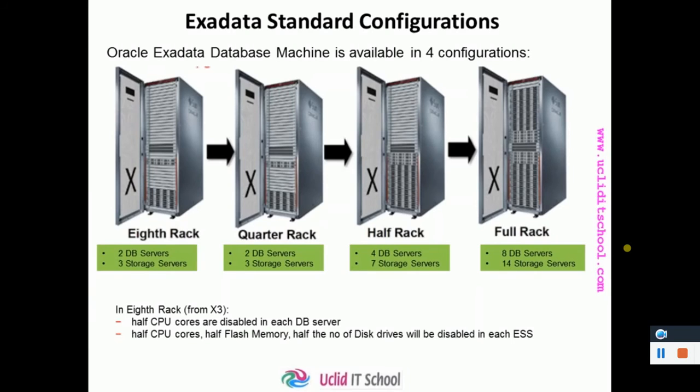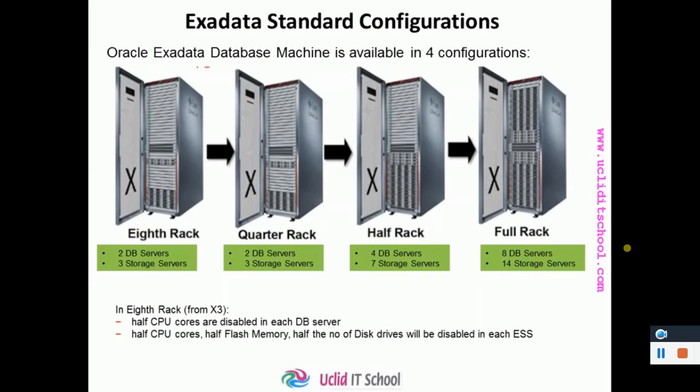Till X4, this Exadata is available in 4 configurations: 8th rack configuration, quarter rack, half rack, full rack. So the difference is mentioned in this slide. The difference is the number of servers in each rack.